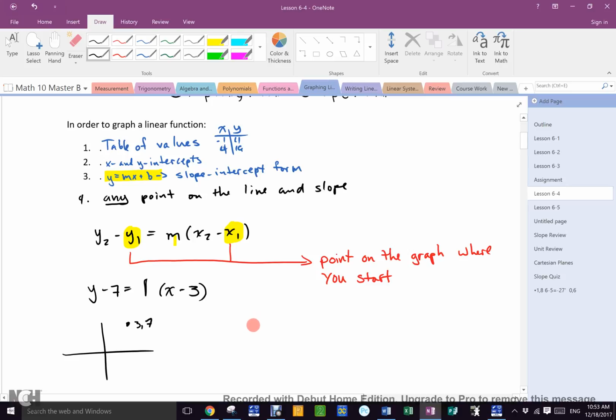So I would have equals 1 times 3 minus 3, correct? What would go in for y? 7 minus 7. What's 7 minus 7? 0 equals 1 times, what's 3 minus 3? 0. Does 0 equal 0? Yes.